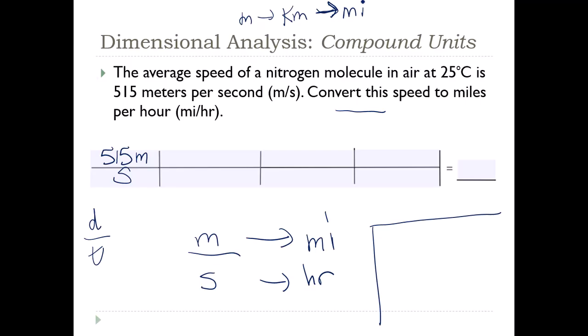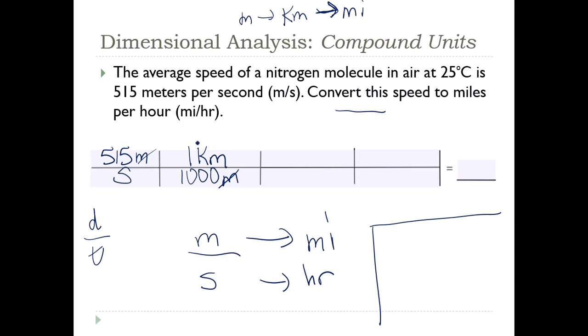So let's first go from meters to kilometers. I know that there are 1,000 meters per 1 km. And so now meters cancel out. I'm in kilometers per second, essentially, if I divide by 1,000.